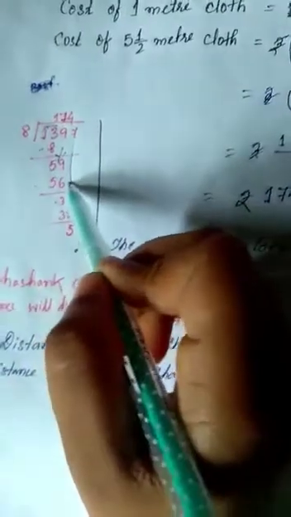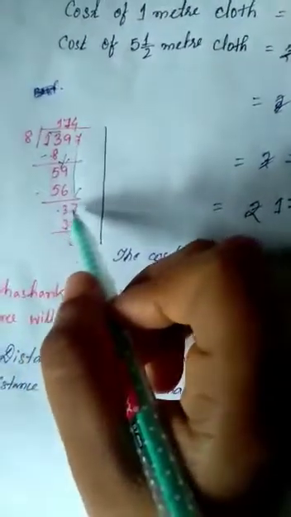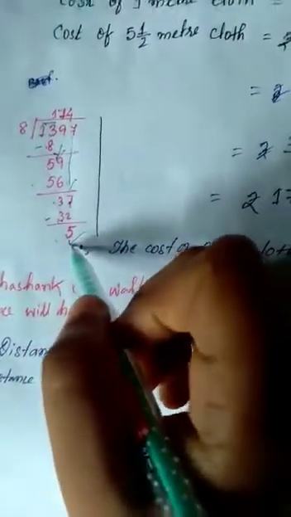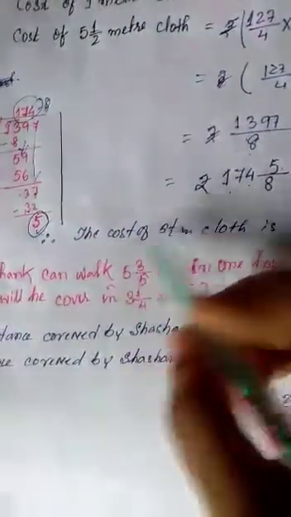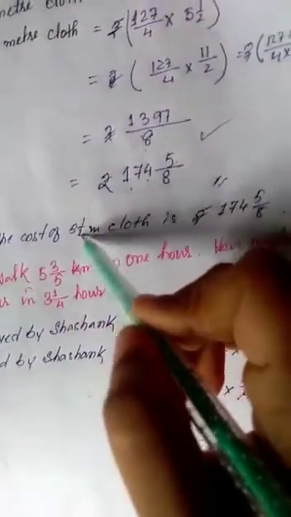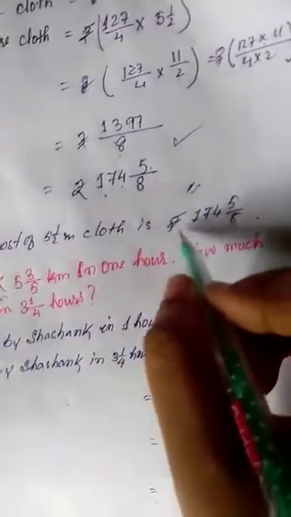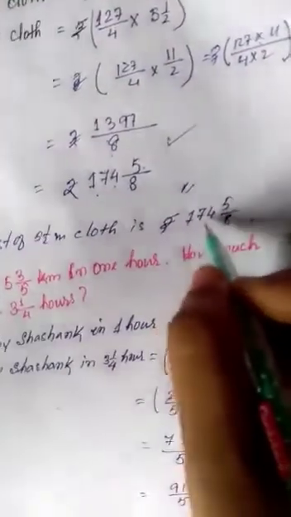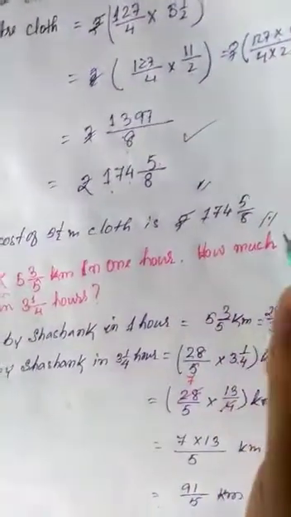Now bring down the next 7, so 37. 8 fours are 32. Now 7 minus 2 is 5, and 3 minus 3 is 0. So the remainder is 5. This 5 will be the numerator, and this quotient will be the whole number, 174. So the cost of 5 and 1 by 2 meters of cloth is rupees 174 and 5 by 8. This is the total amount.